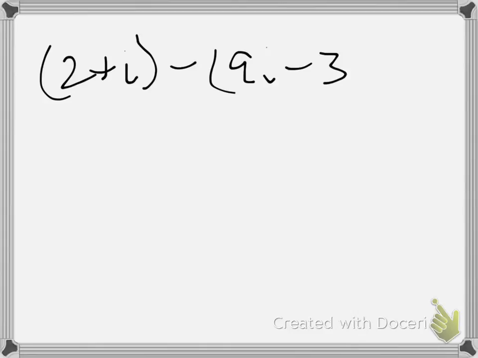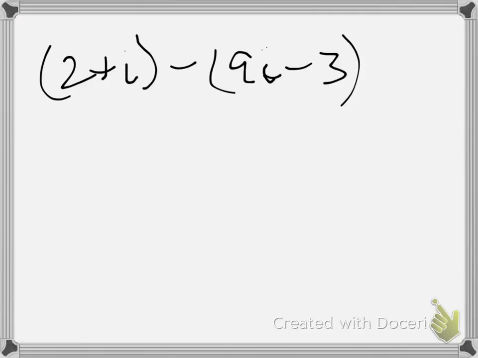Now, when you do operations with imaginaries, it's basically just combining like terms. So if you had something like 2 plus I minus 9I minus 3, that's an I, you would just literally combine like terms.